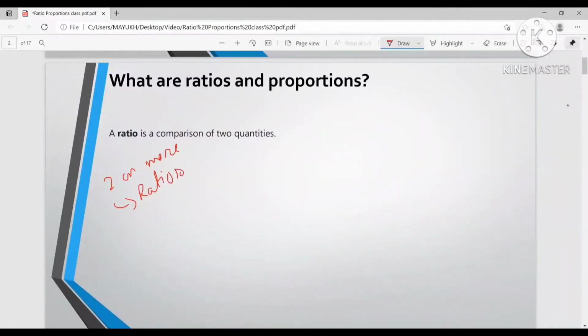Let us assume two people, P and Q. If we consider P to be 5 times faster than Q, we can say that 5 times the speed of Q will give us the speed of P. Now, if Q is running at 10 kilometers per hour, P is 5 times as fast, that is 5 times 10. So he's running at 50 kilometers per hour.